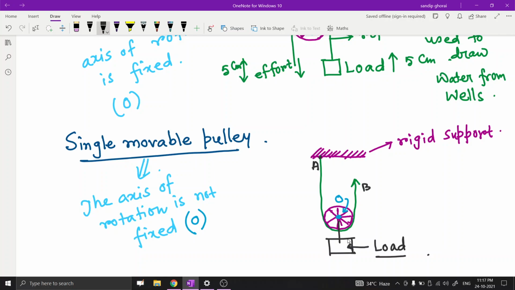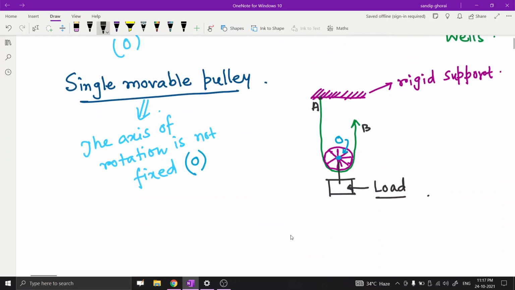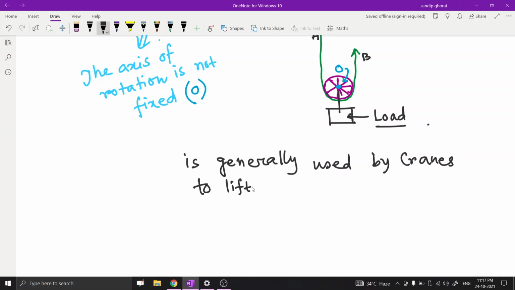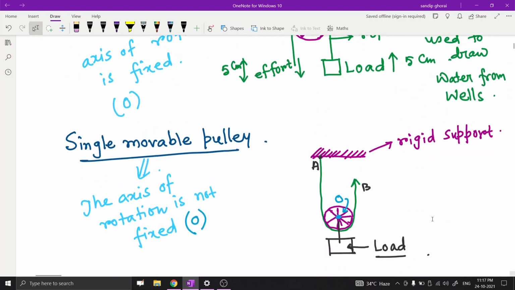This type of pulley is generally used by cranes to lift very heavy loads.